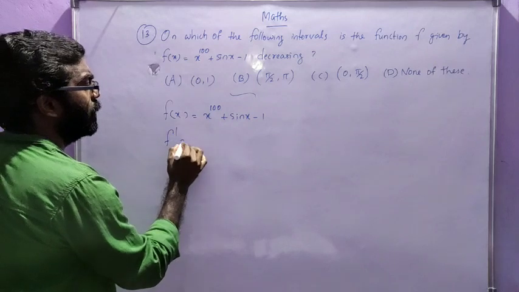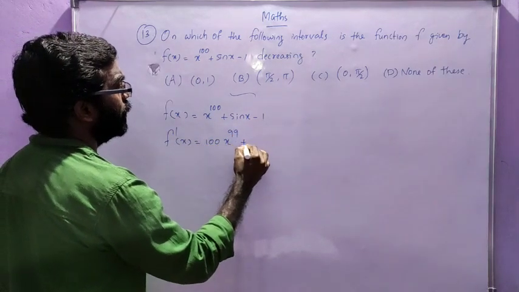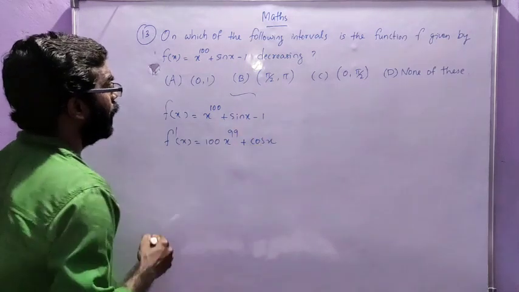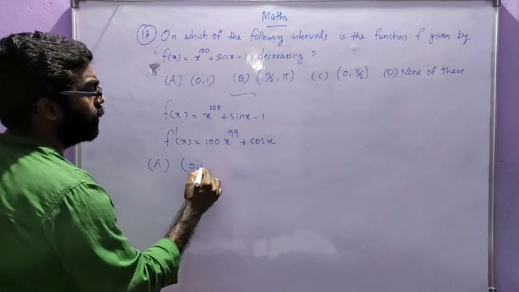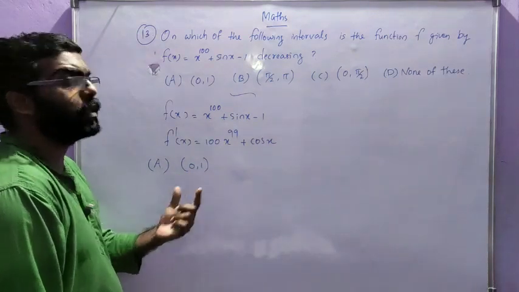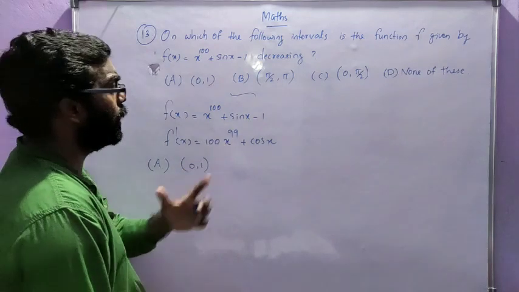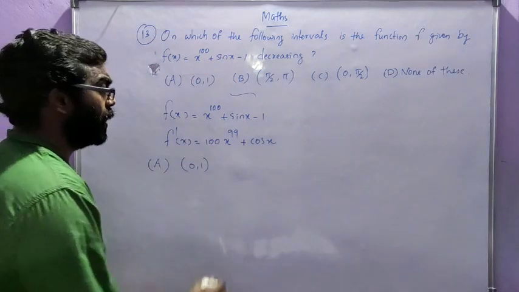First we take the derivative, f dash of x equal to 100 into x raised to 99 plus cos x. Then take the first interval, open interval 0 comma 1. If you replace x by any value between 0 and 1, you will get a positive answer.